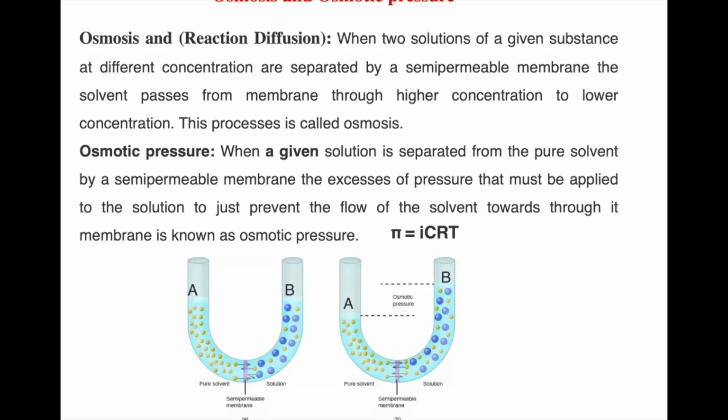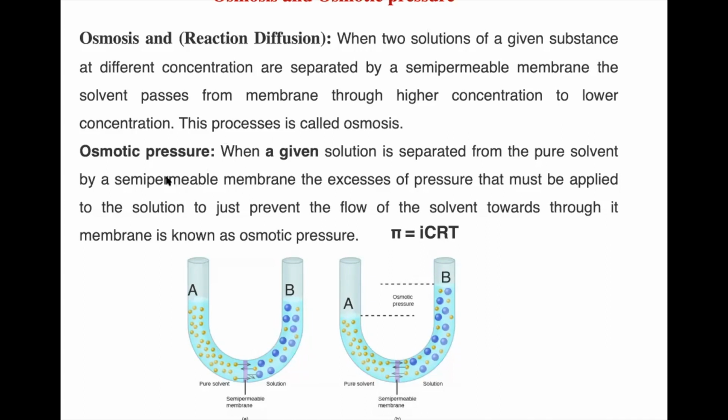After some time, due to the migration of the ions from higher concentration to lower concentration, the whole solution becomes homogeneous. That is called diffusion. Diffusion means the migration of ions from higher concentration to lower concentration.